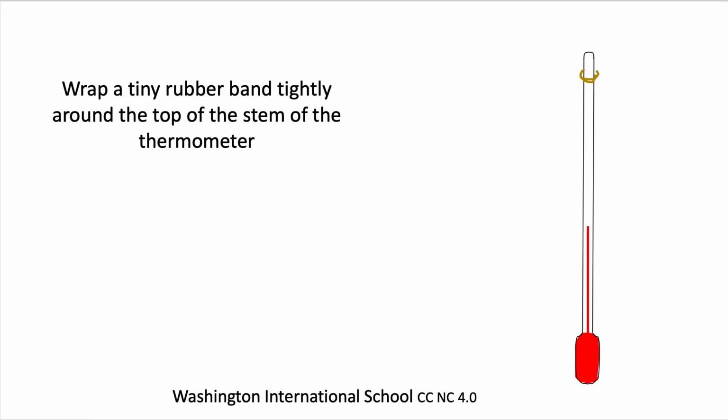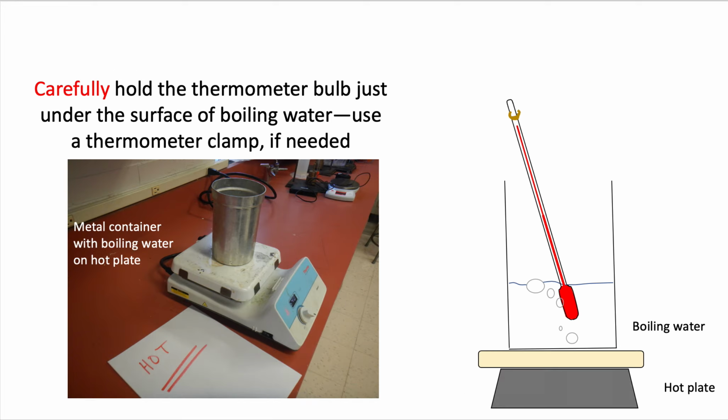Because a thermometer changes levels as the temperature changes, we're going to mark them with a tiny rubber band wrapped tightly round the top, and then we're going to put the thermometer bulb in boiling water until the level of the alcohol in the stem doesn't rise any more and is fixed.